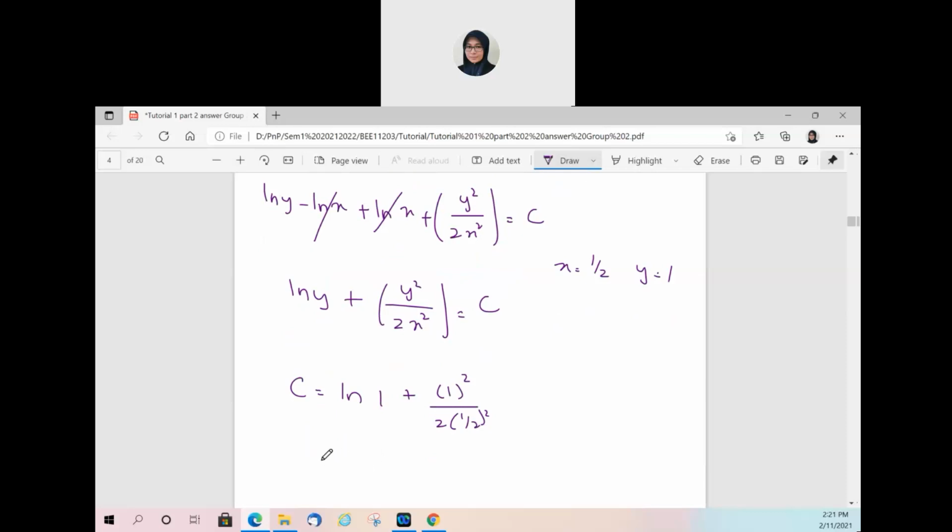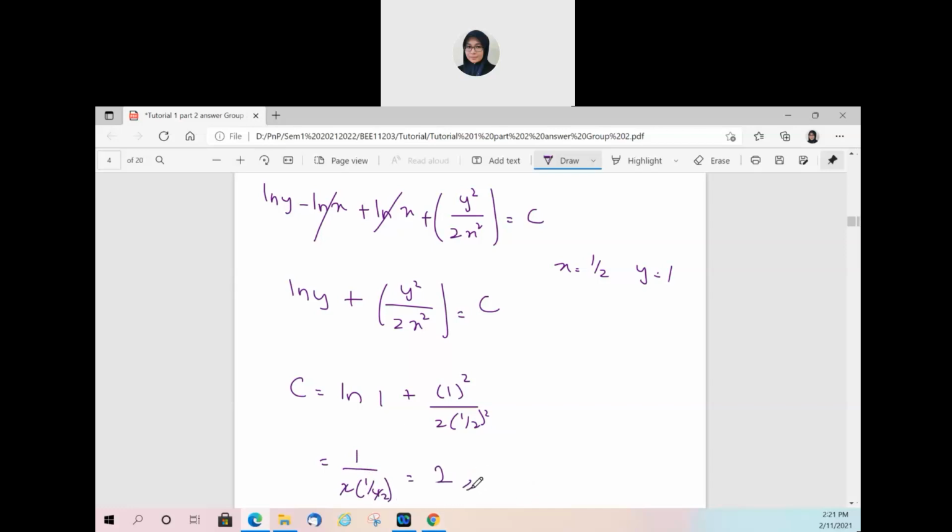I think 0, right? Yes, 0. So this one, 1 squared is 1, over 1 over 4, then 2, equals to 2.